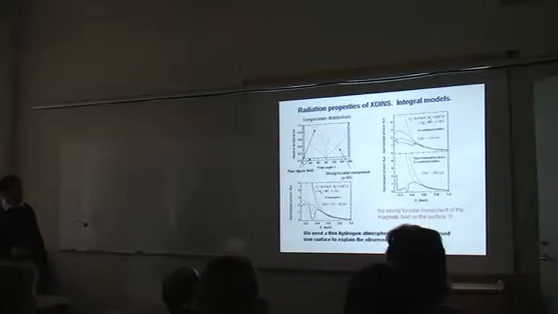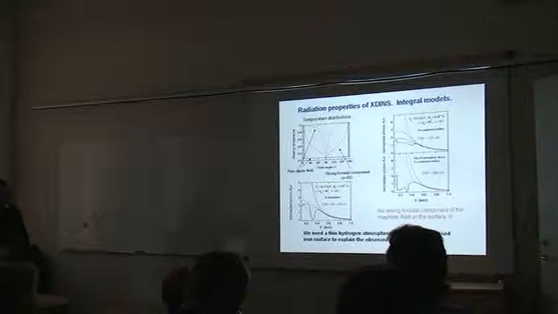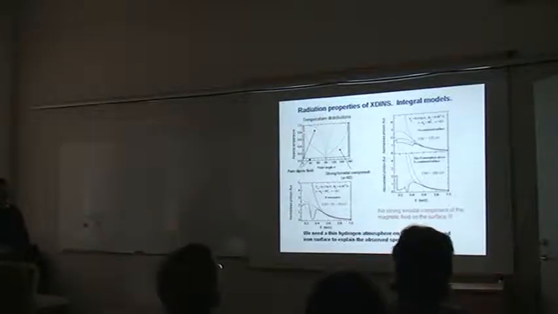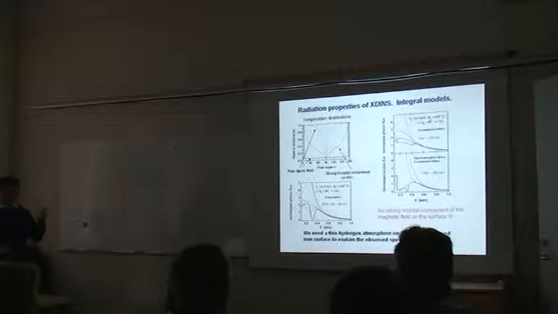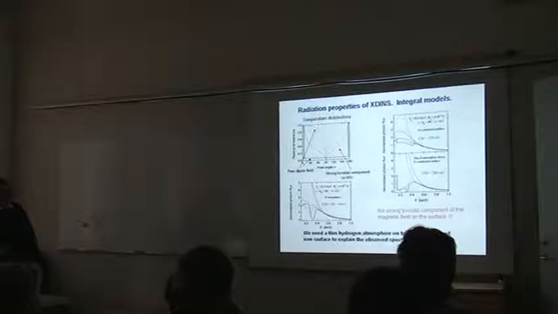And for detailed calculation, we used three temperature distributions: two bright spots on the poles with size 5 degrees; then the classical temperature distribution from the core-centered dipole model. In these two cases, the magnetic field distribution is a dipole magnetic field on the neutron star surface. And the third distribution has a strong toroidal component, with small, hot regions around the magnetic poles, and of course the magnetic field distribution has a strong toroidal component.